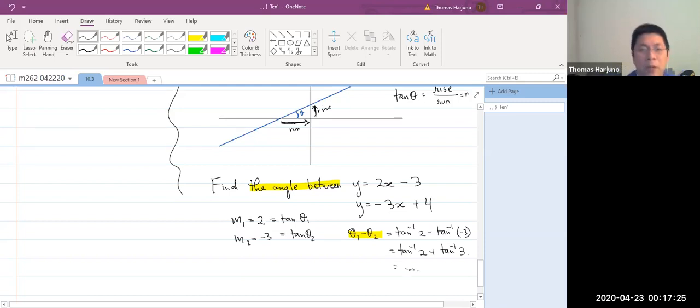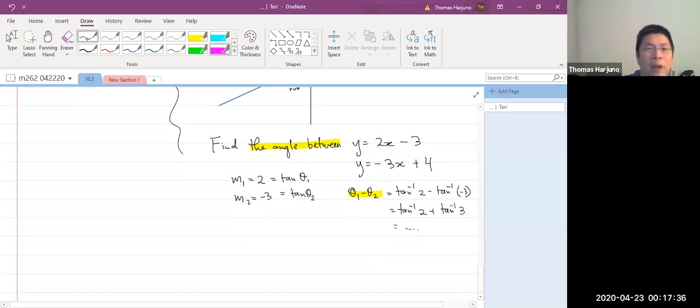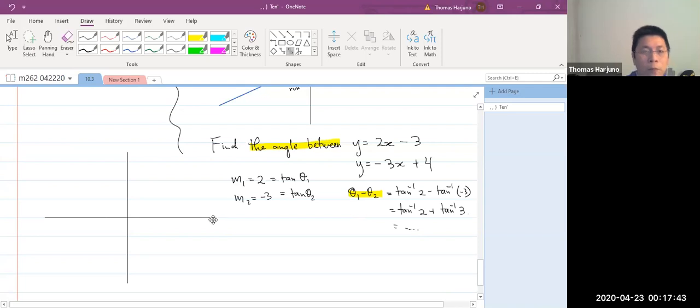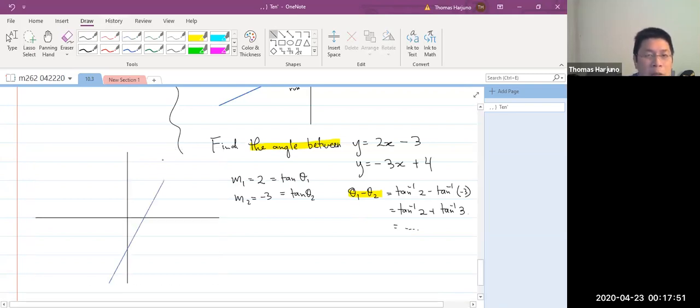Now pictorially, if I try to let you imagine the question here, basically this problem is not a problem you solve by graphing, but we can confirm our answer by graphing. So the first line, 2x minus 3, is approximately like this, right?